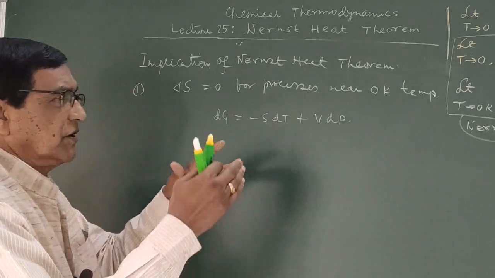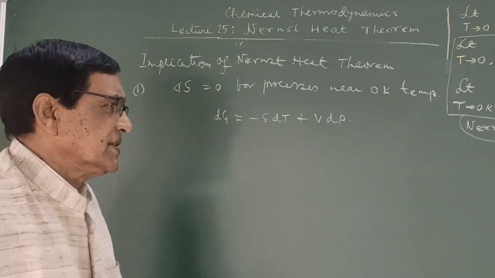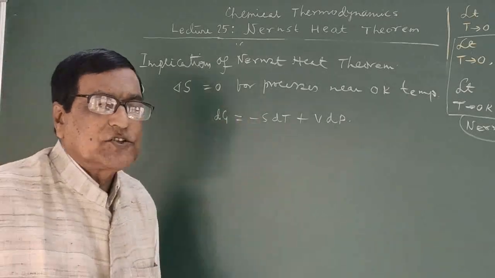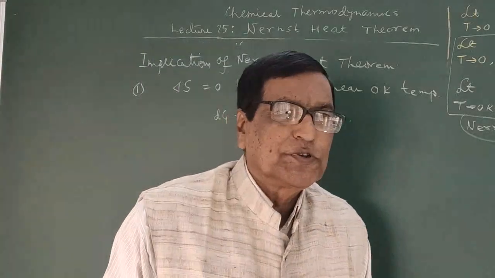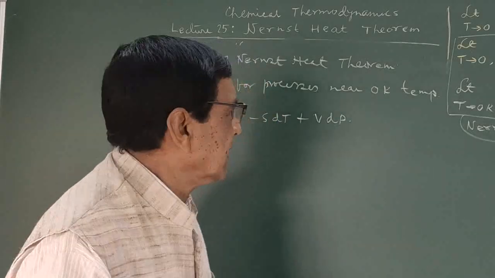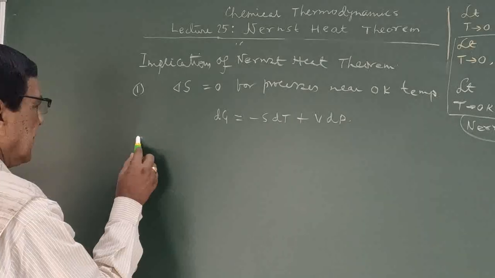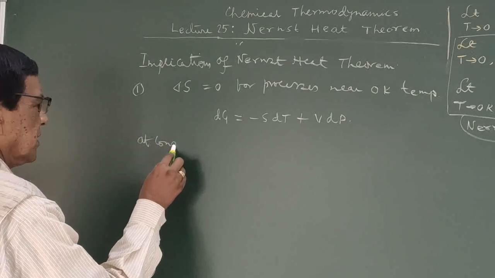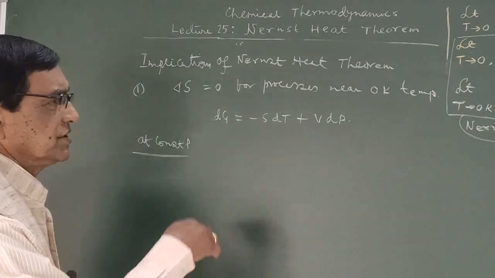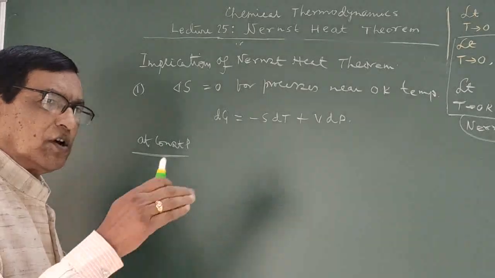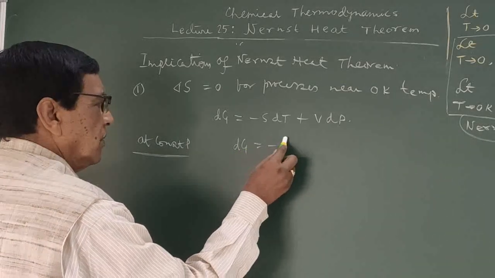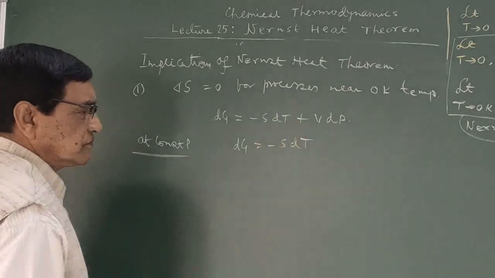But for these condensed phase processes, the substances are either in solid or liquid, so the effect of pressure is not very prominent, and at constant pressure, where the pressure effect is minimum for reactions occurring in the condensed phases, dG equals minus S dT.